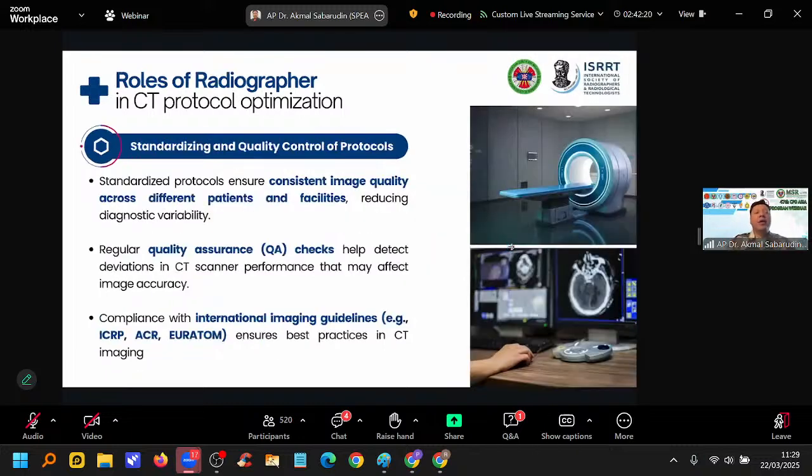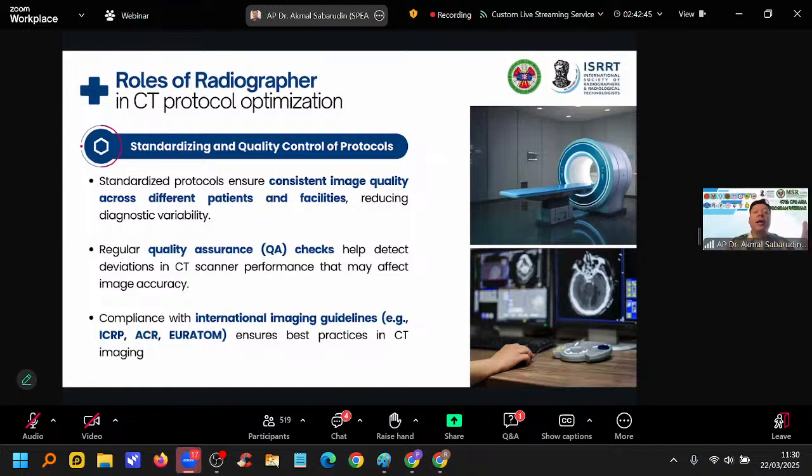Okay, and then the role of protocol in CT protocol optimization is about standardizing and quality control of protocol. Whatever we have invented and have been practicing, we need to ensure its sustainability, in other terms, make sure that it will always be of top quality. So how to do it?